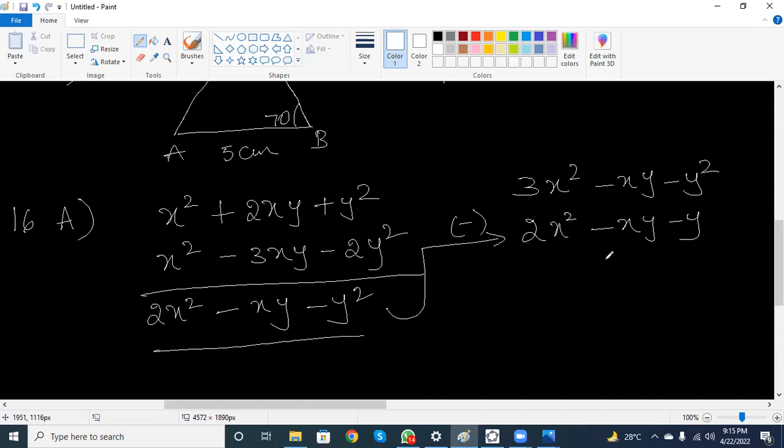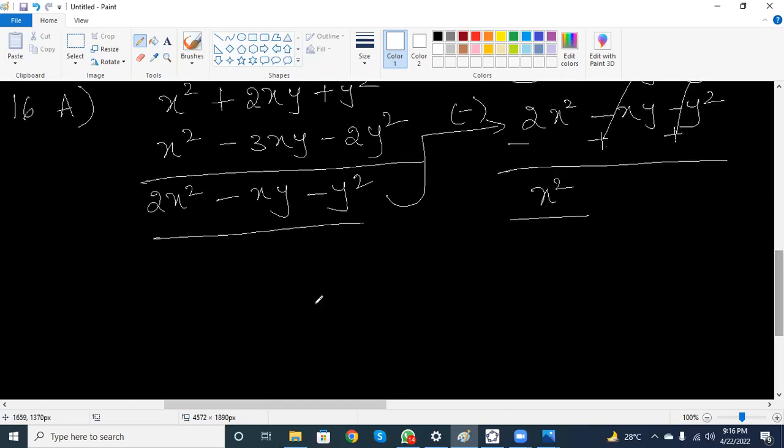When you are subtracting an algebraic expression, all the signs will change. So minus will become plus, minus will become plus. So 3x square minus 2x square is simply x square. Minus xy plus xy cancel. Minus y square plus y square cancel. So the answer is just x square.